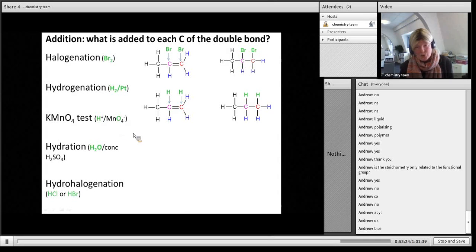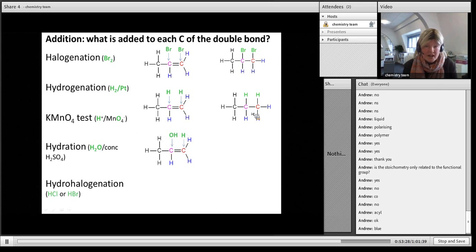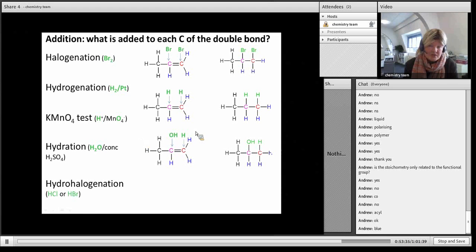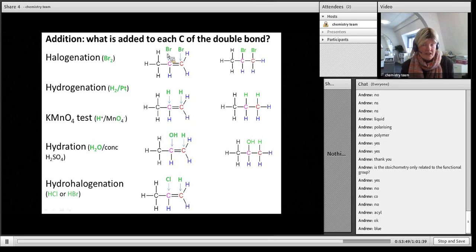And I haven't drawn, unfortunately, because I didn't have enough space, but it forms a diol, so I add an OH and an OH. Then hydration, I add an H and an OH, so there you go, and remember Markovnikov's rule. And hydrohalogenation, remember Markovnikov's rule. You didn't have to worry about Markovnikov here or there, because there we didn't have a hydrogen to add, and here both were hydrogens, so it didn't matter. And so there's my product.